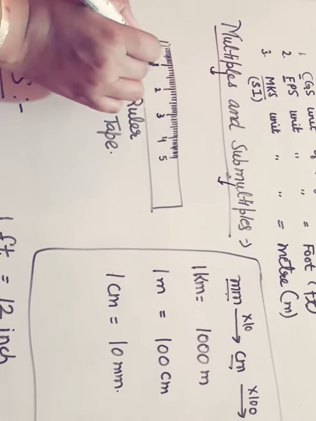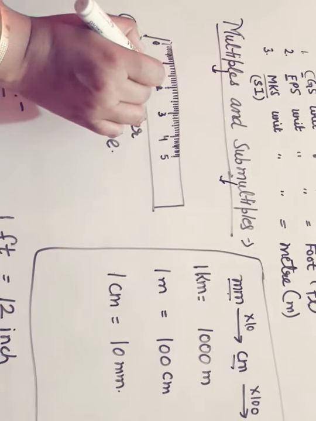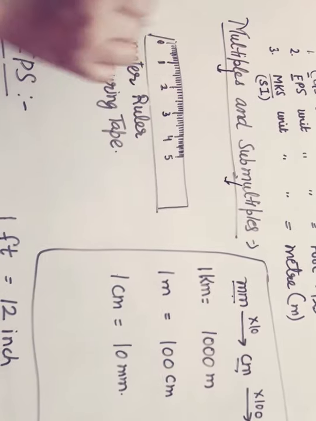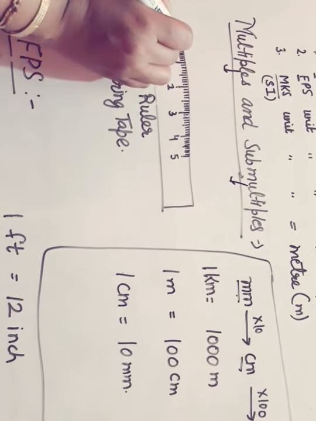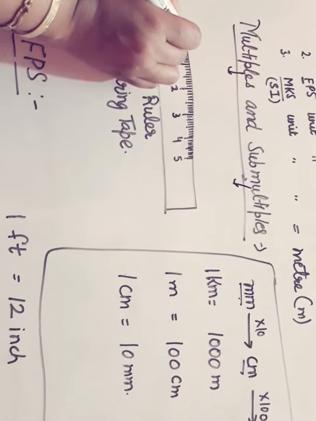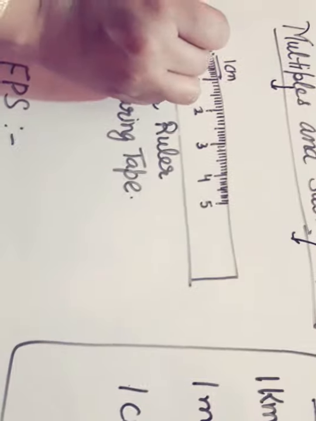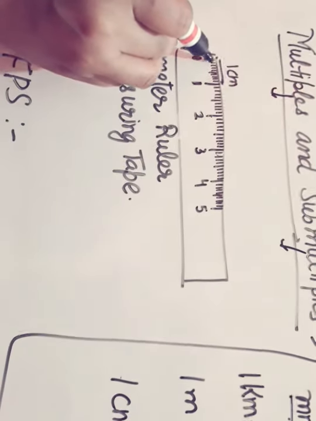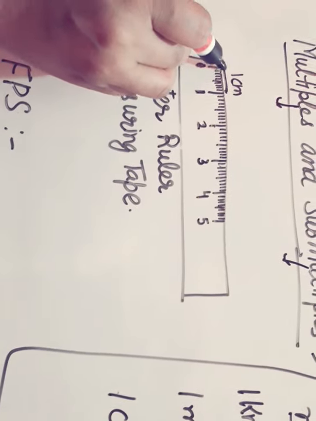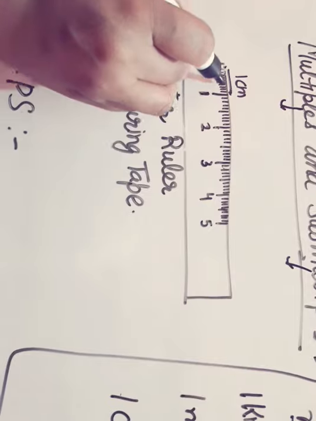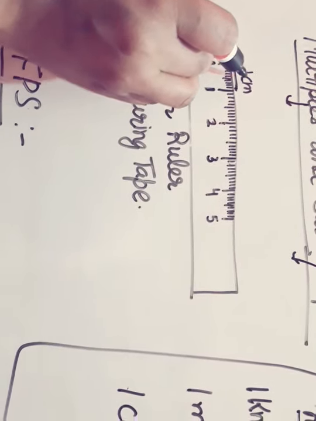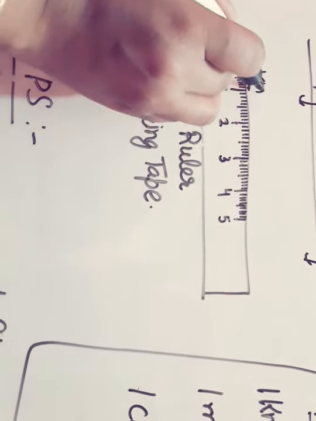After 10 lines, 1 is written, then again 10 lines, and at the 10th line 2 is written. Each small line means millimeter and 1 is centimeter. 1 centimeter is made up of 10 millimeter. Each line represents a millimeter. So 10 millimeter equals 1 centimeter, and 20 millimeter makes 2 centimeter.